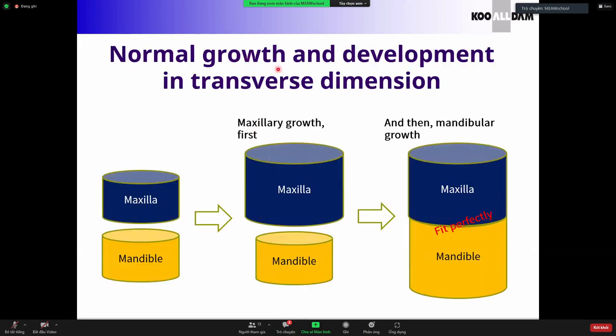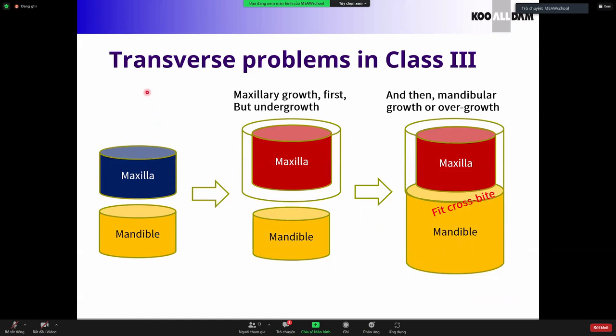So this is normal growth and development in the transverse dimension. Maxillary growth first, and then through mandibular growth, and then we can fit perfectly between the upper and lower arch. However, in class 3, maxillary growth first, but undergrowth, and then mandibular growth or overgrowth.